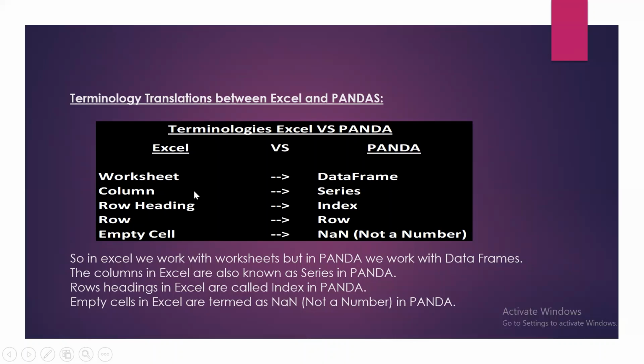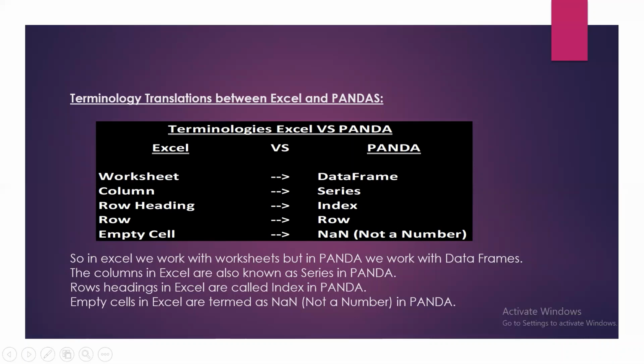In Excel, we usually see row headings, that is the serial number of the rows, but in Pandas, it is named the index. In Excel, a row is a row, and in Pandas as well, a row is a row. In Excel, an empty cell is shown as blank, but in Pandas, when we run code, an empty cell will be reflected as NaN, which stands for not a number.